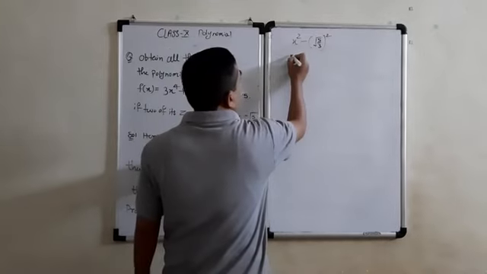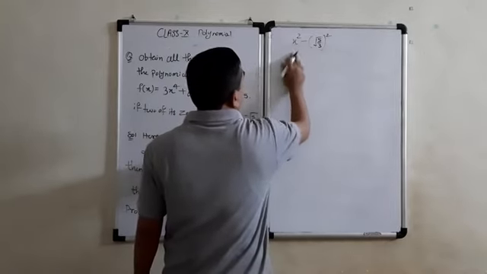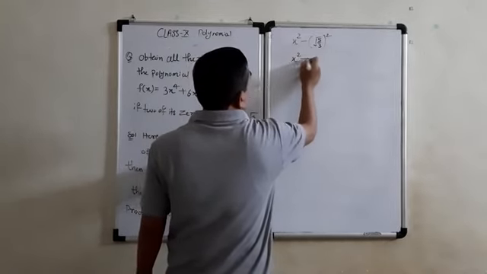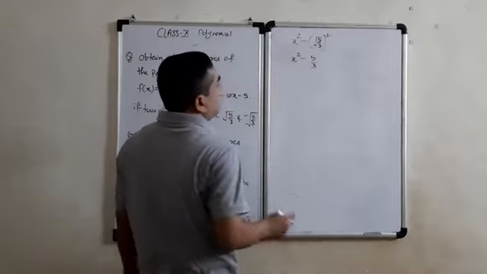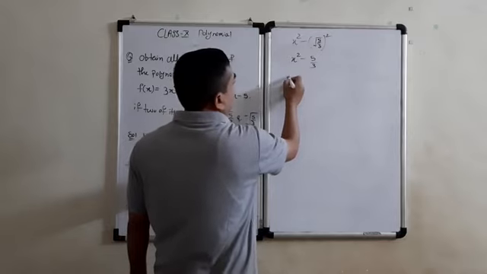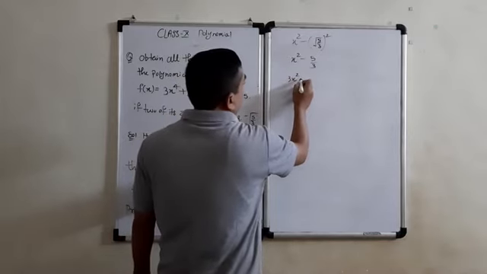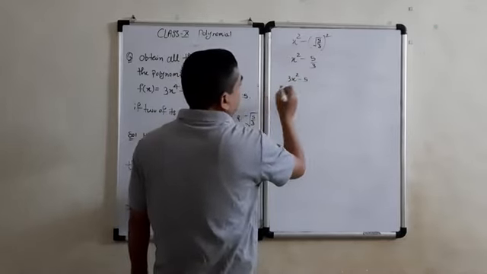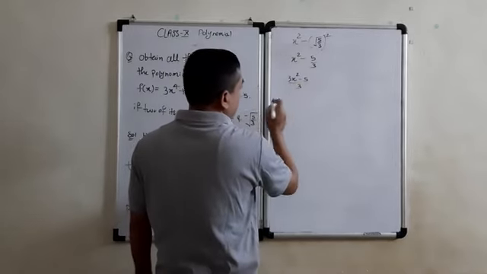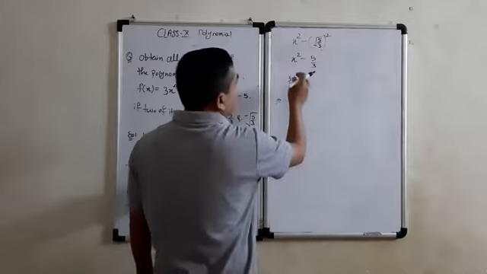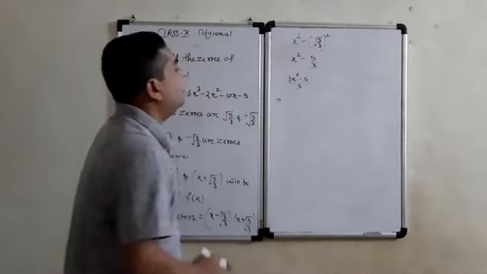So we will get here x square and minus 5 by 3. Okay, so when we will simplify, we will get 3x square minus 5 by 3. So this can be written as 3x square minus 5 by 3.